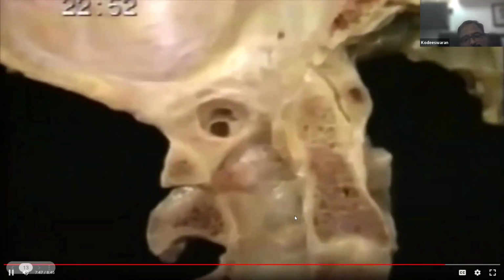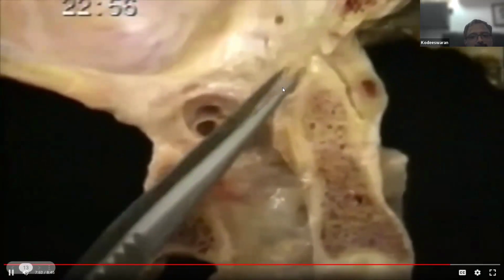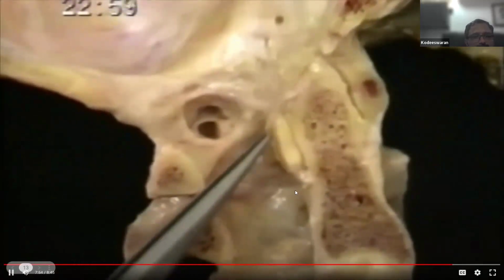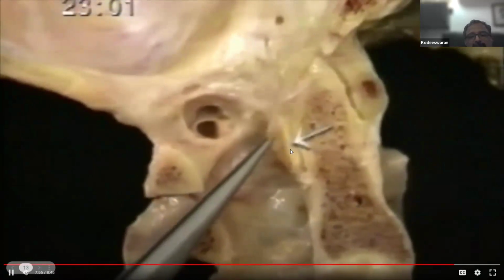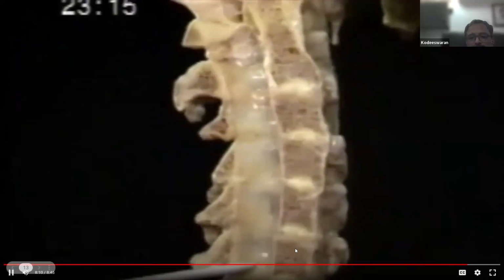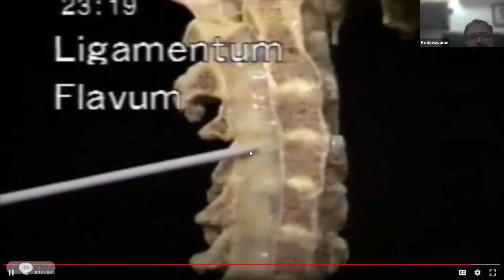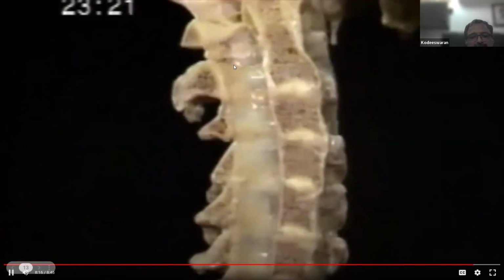Now coming to the entire sagittal view, this is the atlanto-occipital membrane. This is the transverse ligament of the atlas. This is called the yellow ligament, the ligamentum flavum, which gives support to the posterior part of the spinal canal.